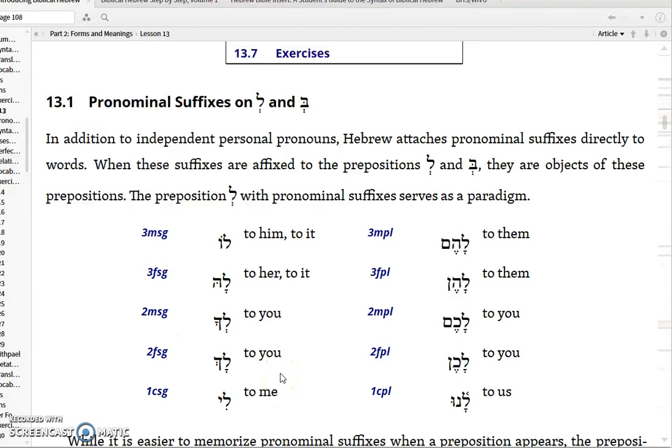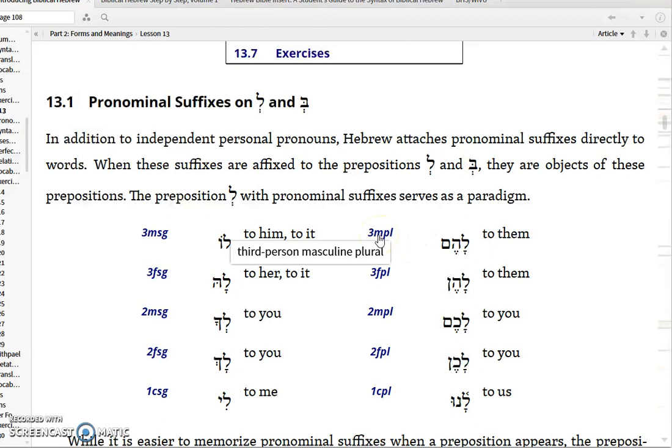And then to you second feminine singular is lach. And then to me, first common singular, is li. And then to them is lahem. That would be to them masculine plural.